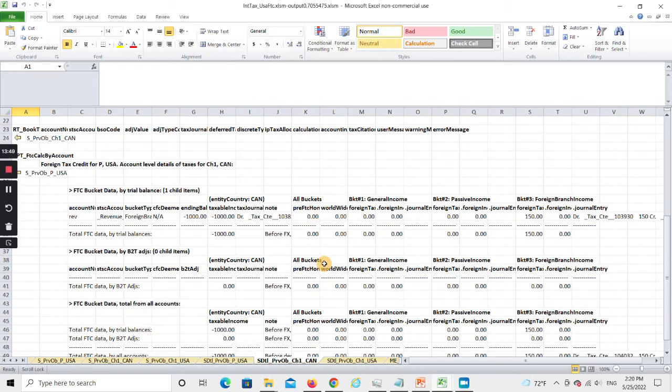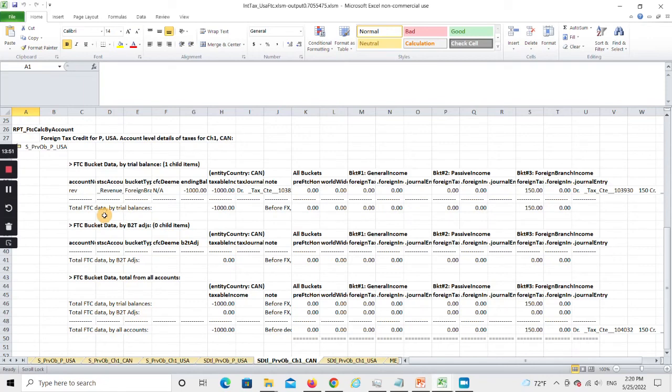And we see again, the engine considers not only the contribution to each of the buckets from the account, but also the contribution from the book to tax adjustments to each of the buckets. And then both parts are summed together. In our case, we have 150. So Canadian 15% on $1,000 income, so it's 150. This is the tax that the branch pays to the Canadian government.